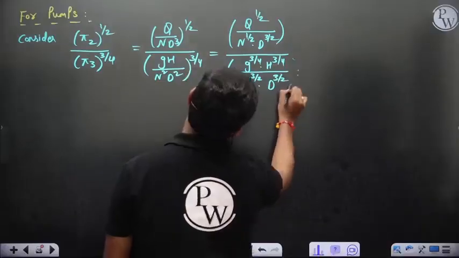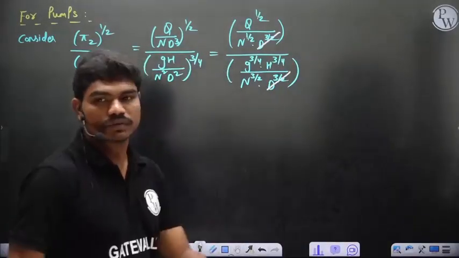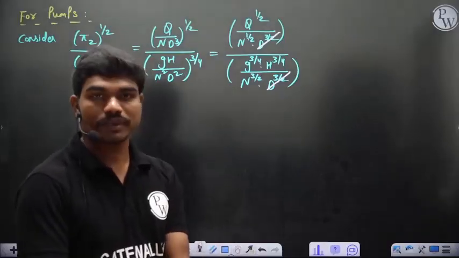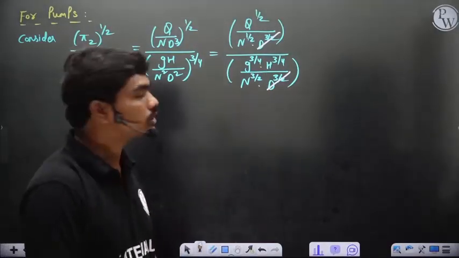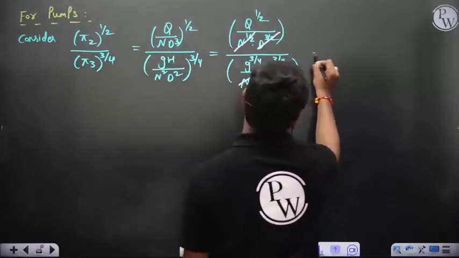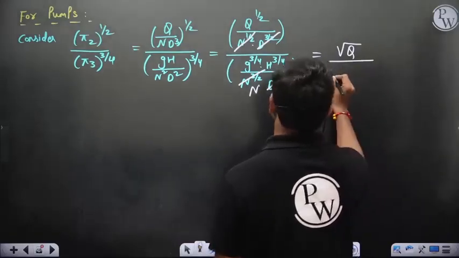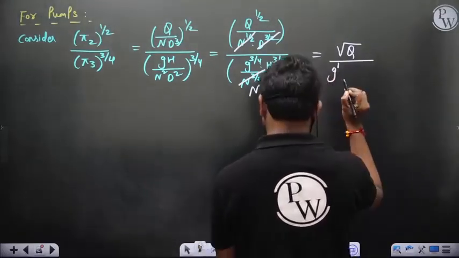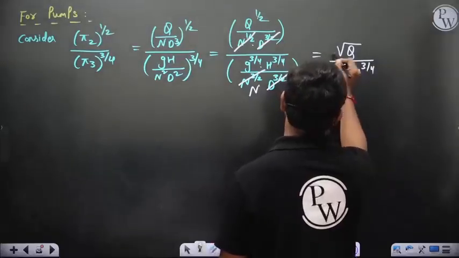Of course, if you again eliminate the diameters, because you want something irrespective of the size, because you have different space limitations at different locations, so you don't want a dimensionless number which involves diameter. So if you delete this, then this gives you N again. So this is something like root Q by g power 3 by 4 H power 3 by 4, into this N will go to the top.